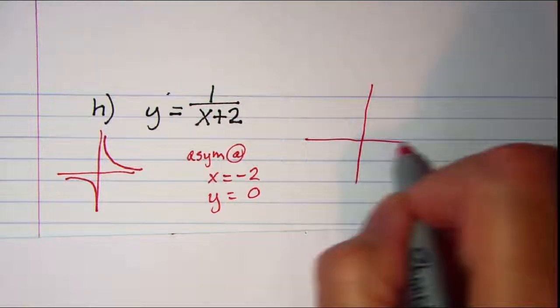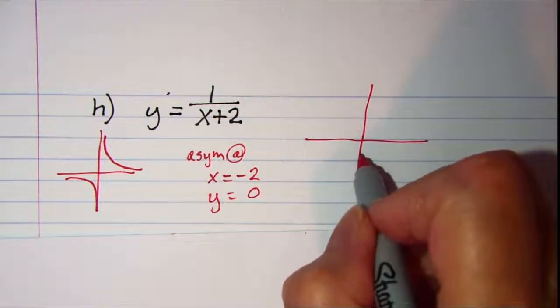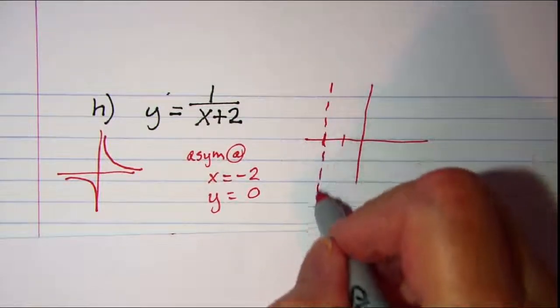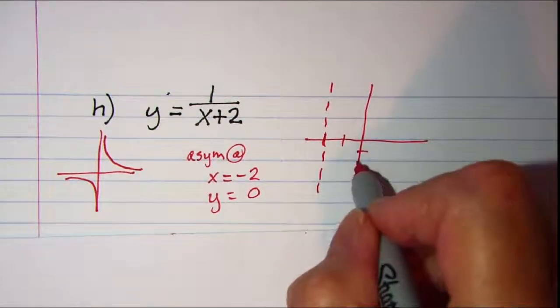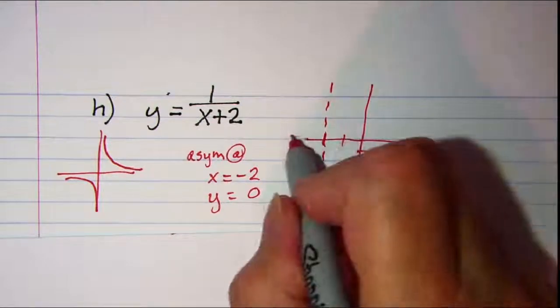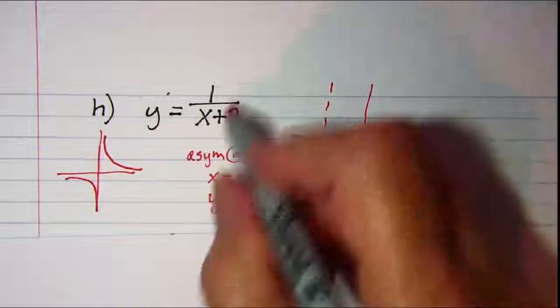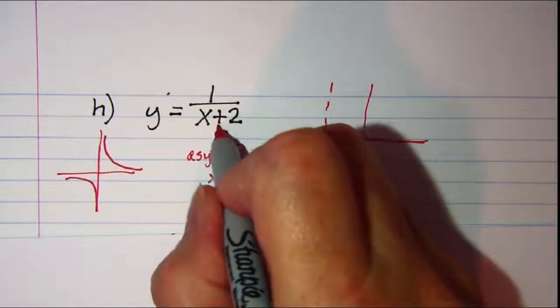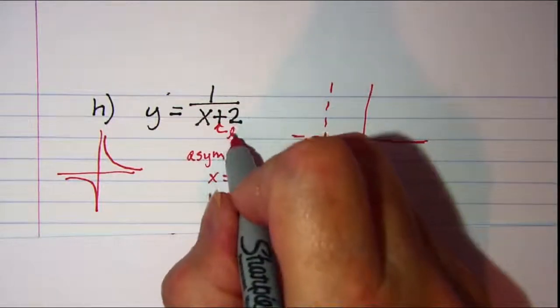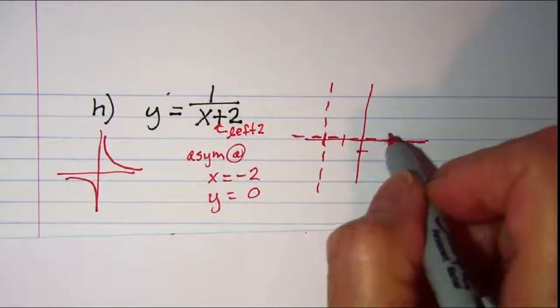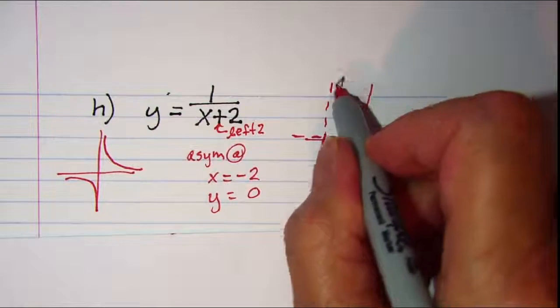So we have x equals -2 and y equals 0, means that we're basically moving it left 2, and so our graph looks like this.